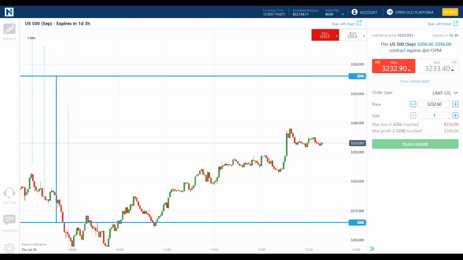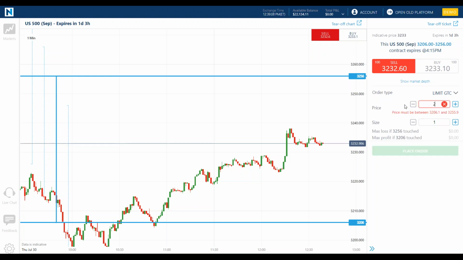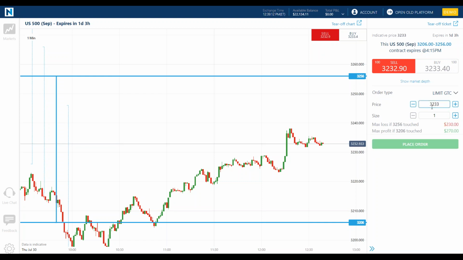So if I sold one at, let's just use a nice round number, 32.33, and it went up and touched 32.56, I would experience a $230 loss. If it went down to 32.06, I would get a $270 profit.